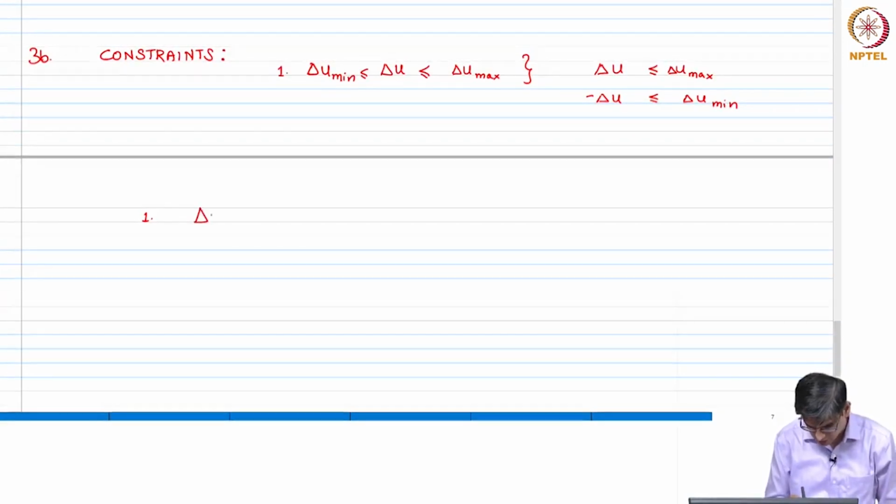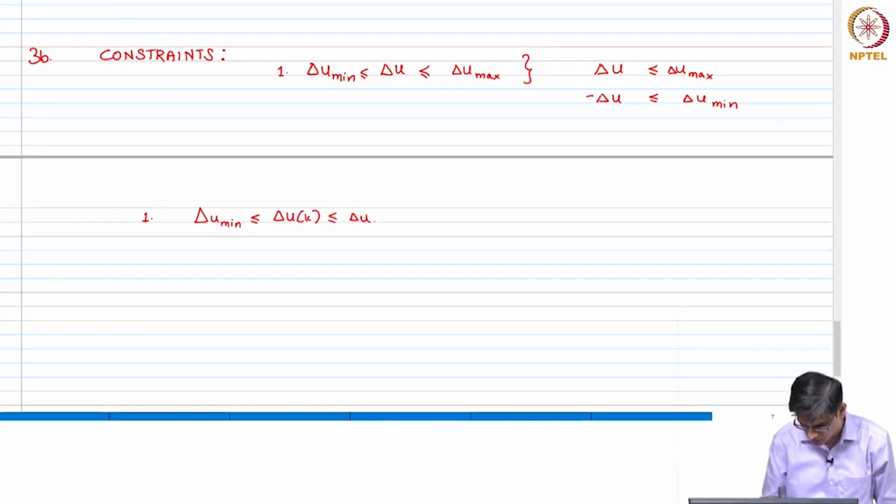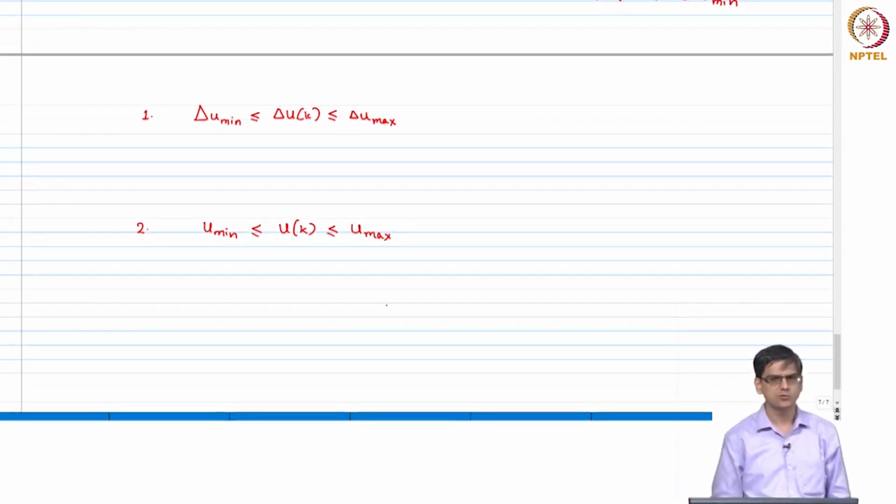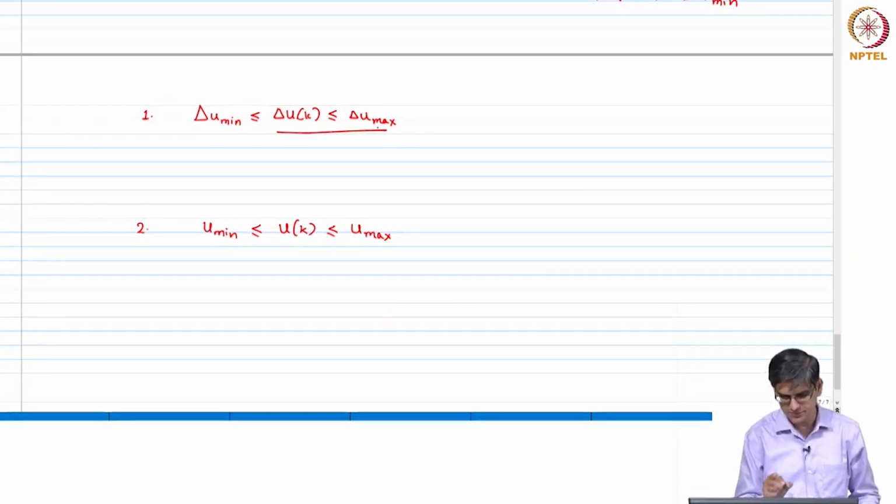First one is... Let us only look at u constraints. Similarly, you can talk about y constraints as well. What does this constraint mean?